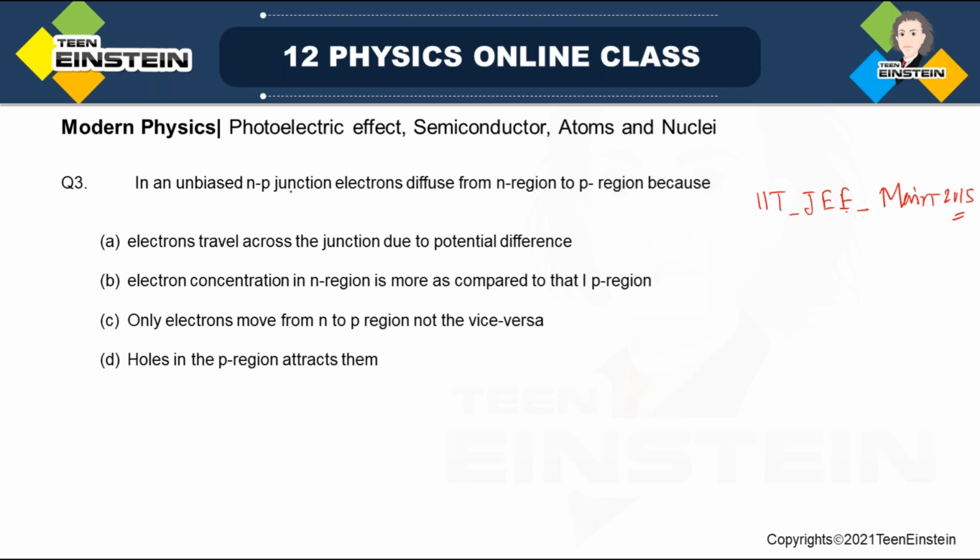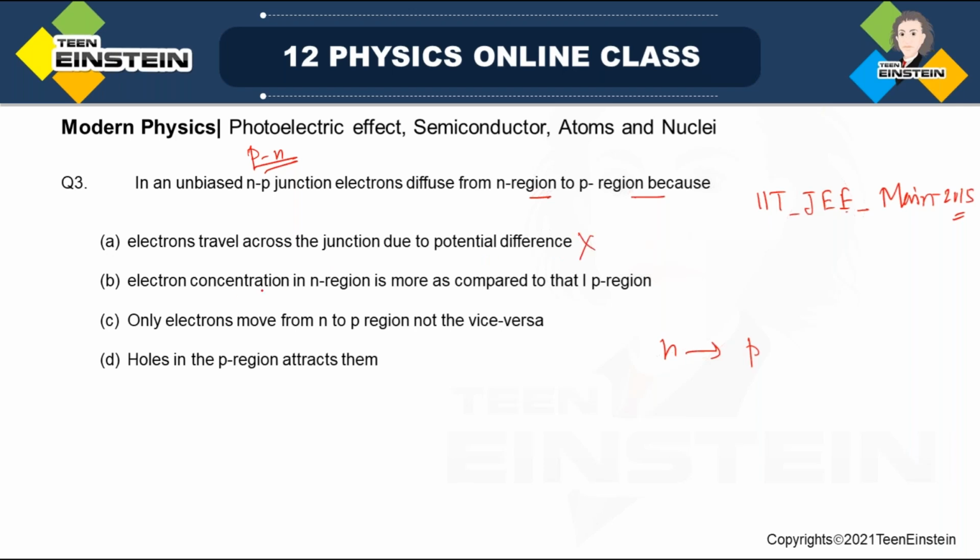In an unbiased PN junction, electrons diffuse from N region to P region. So what is the reason for that? Is it because electrons travel across the junction due to potential difference?